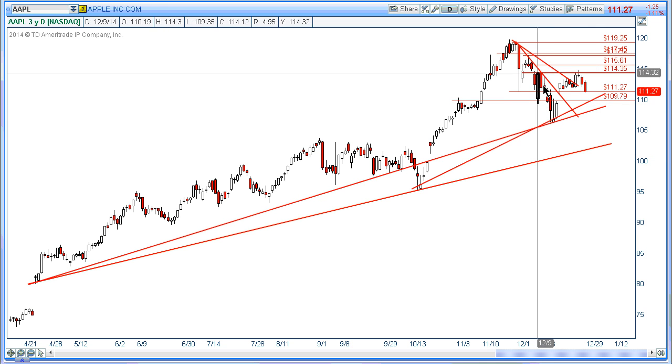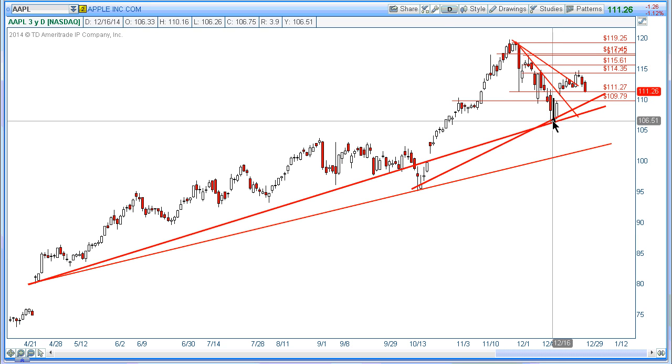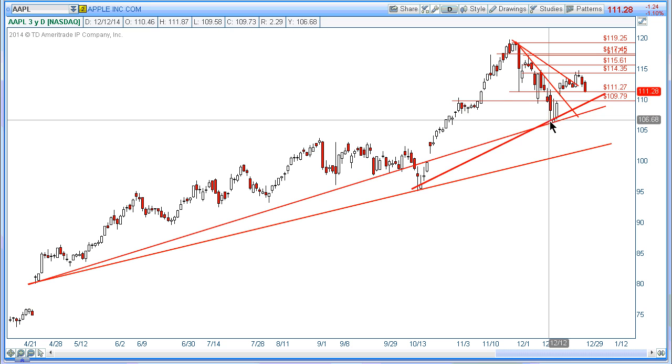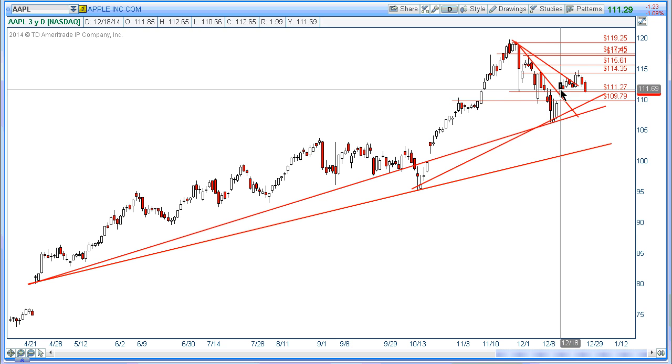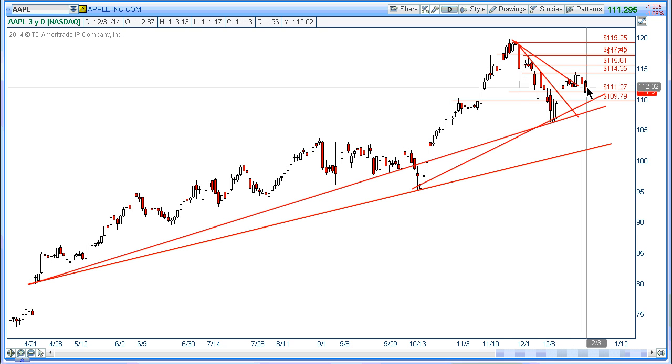You can see that it came down last time, touched that, and got a nice little bounce on this inside bar, this little inverted hammer, and it gapped up, came up here and found a little resistance. We got a little shooting star right now. It's coming back down.